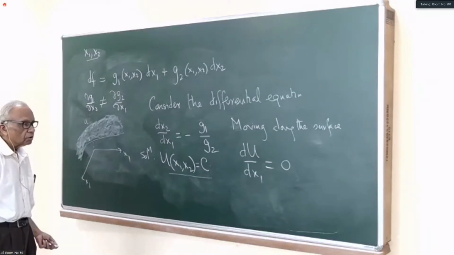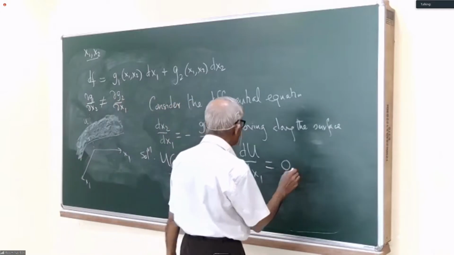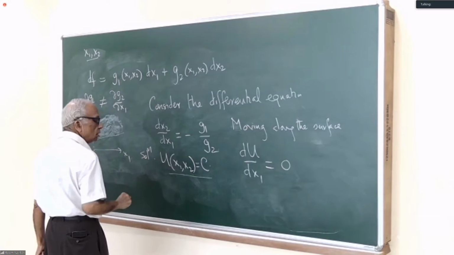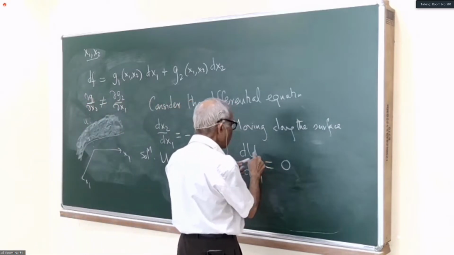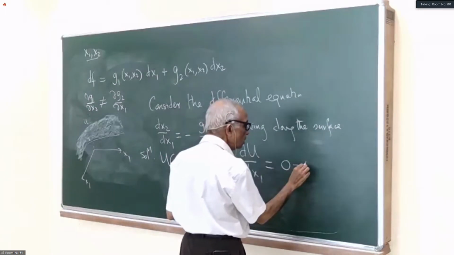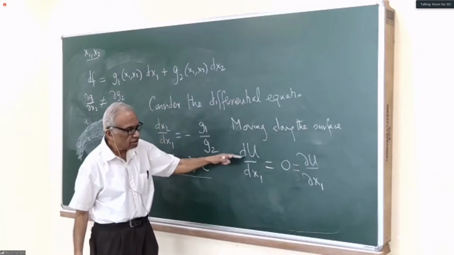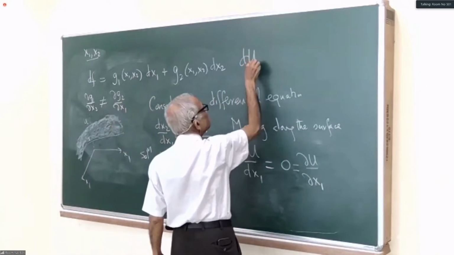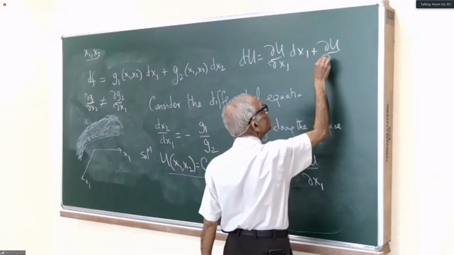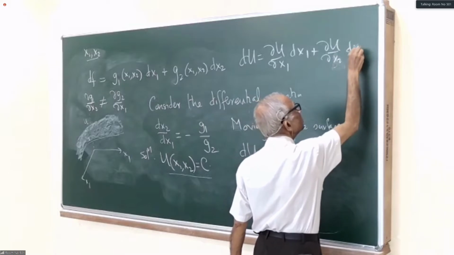But what is du/dx1? Here u is a function of x1 and x2, and therefore I can write du as del u del x1 dx1 plus del u del x2 dx2.